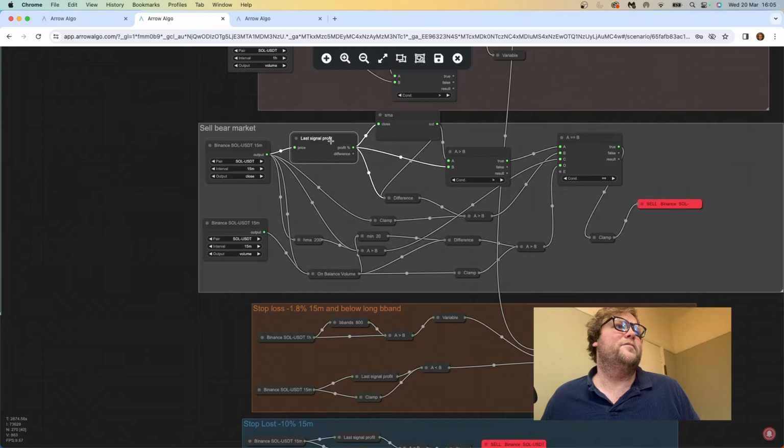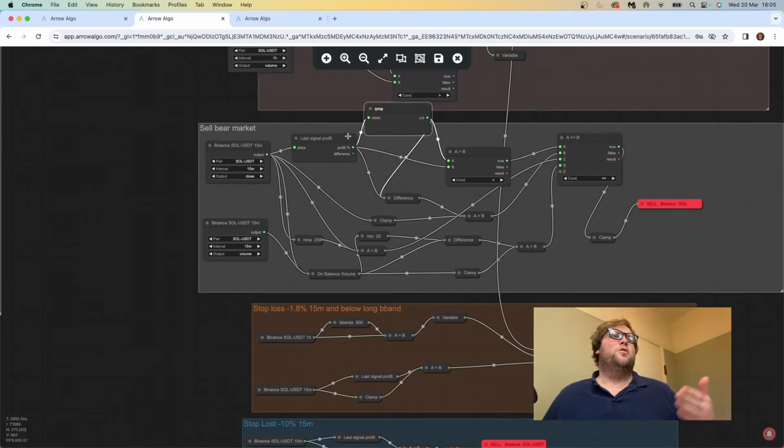Essentially we're looking at the average profit. If it dips below its moving average, then generally we're in profit. Suddenly the profit starts to drop, and then we're getting out, because if the profit's falling, that could be a signal that the price is falling, that the trend's reversing. This is a take profit rule.